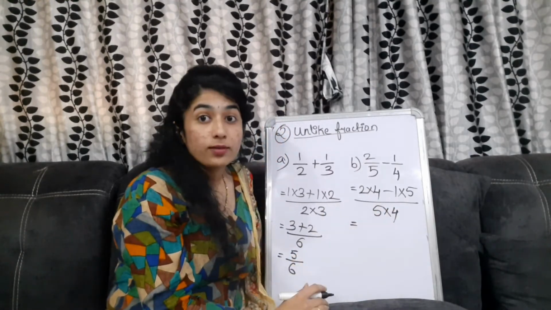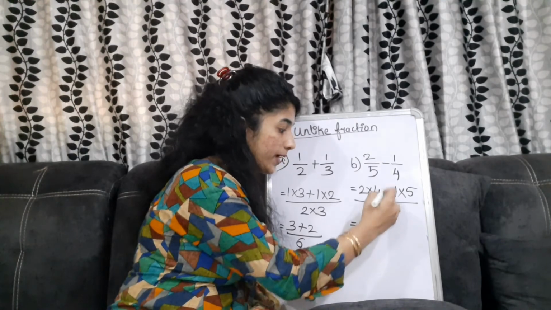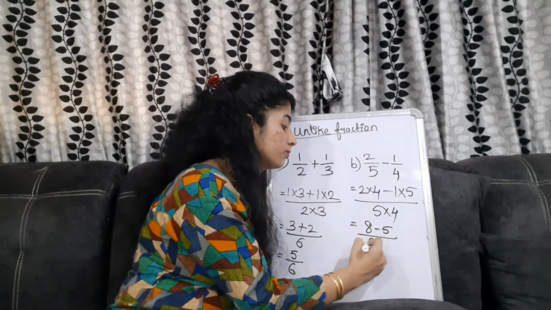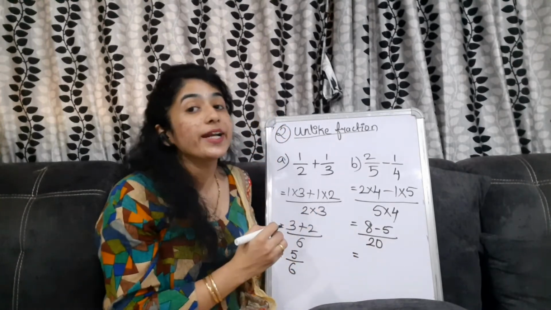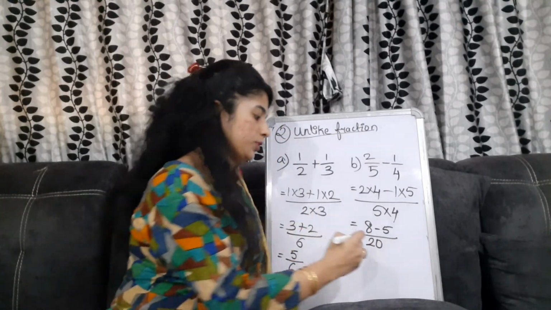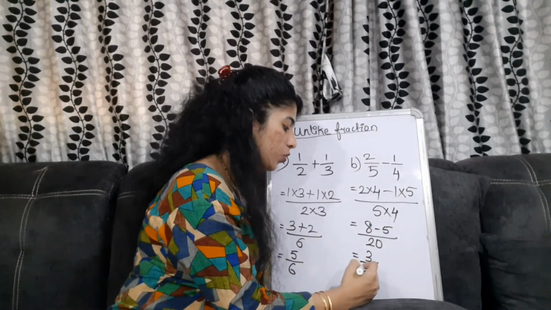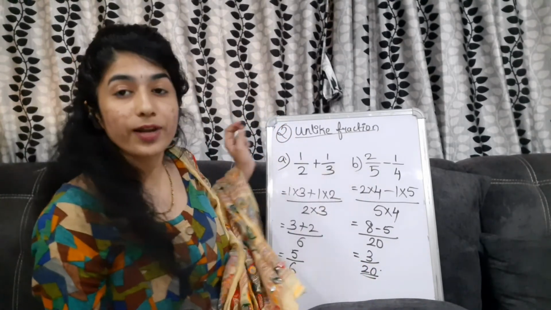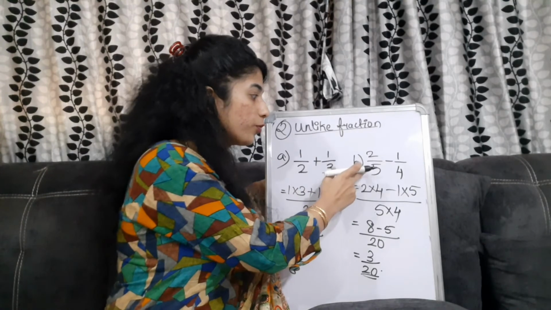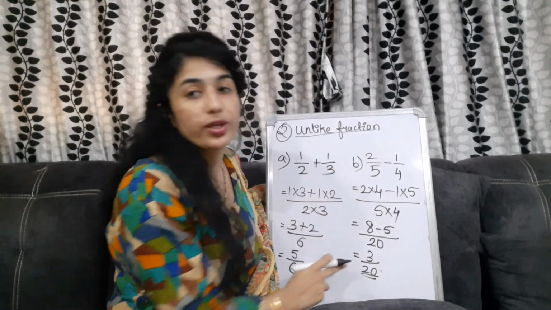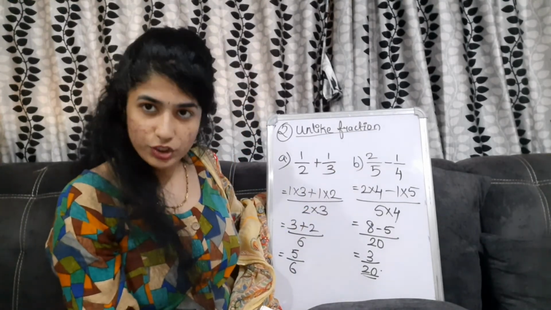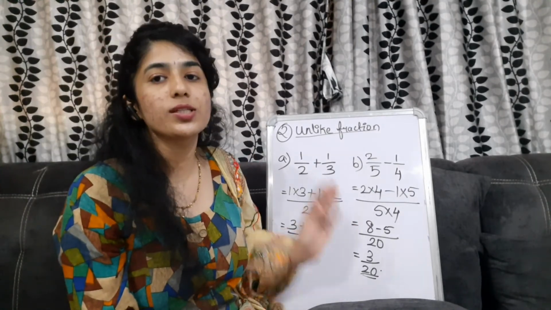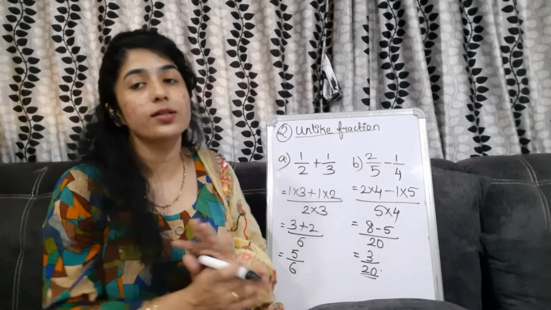Now 2 4s are 8 minus 5 whole upon 5 4s are 20. 8 minus 5, what is it? 3. Very good. Whole upon. So what is the answer for this fraction? The answer for this subtraction question is 3 upon 20. Understood? Yes. So this is how you are supposed to do the addition and subtraction when the denominators are not same.